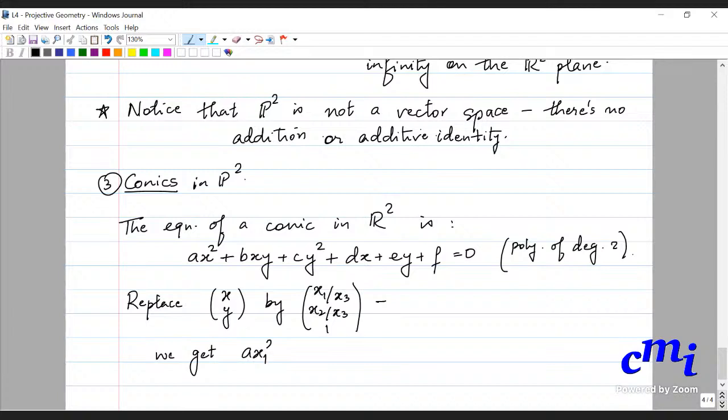What we get is a x1² + b x1 x2 + c x2² + d x1 x3 + e x2 x3 + f x3². This is easy to see, when you take the least common multiple, and this is going to be 0.